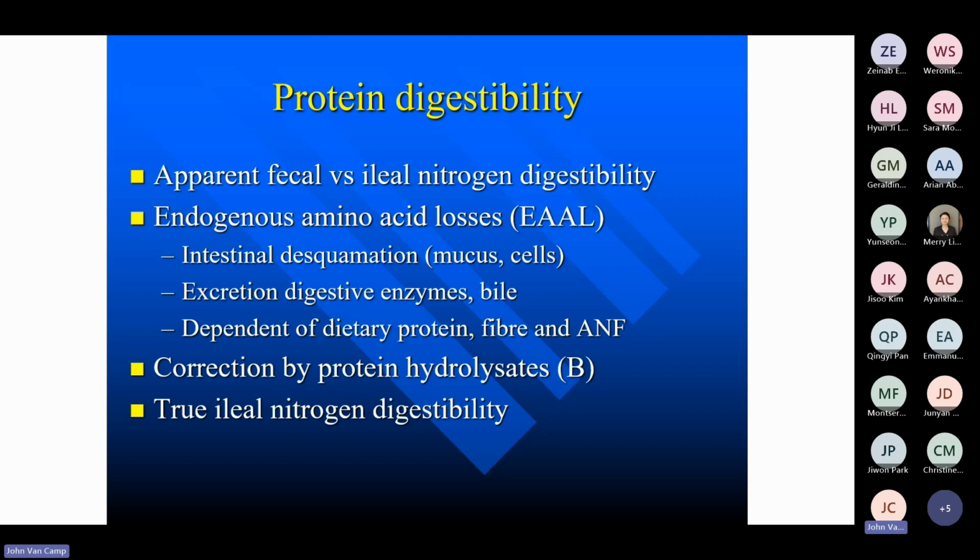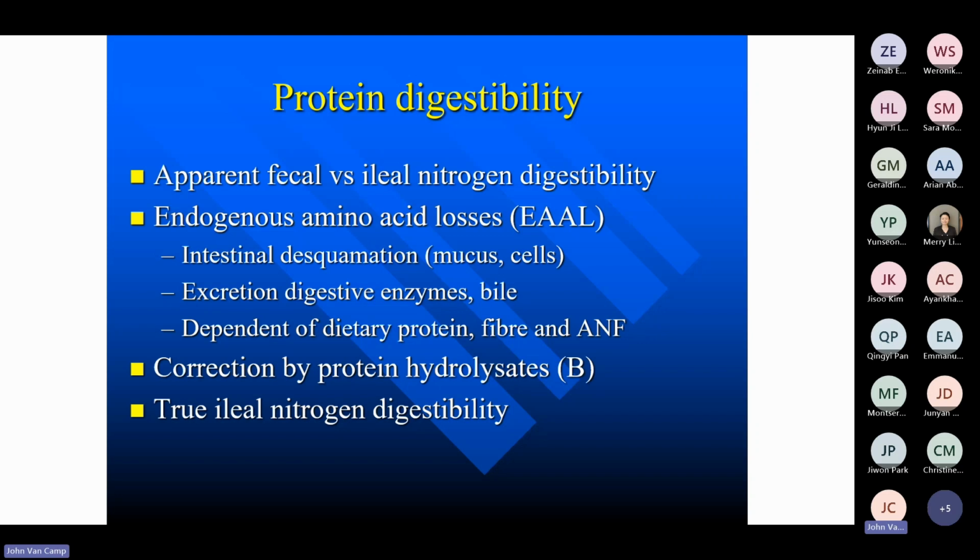You can look at the composition, and this can be used to determine the digestibility of the protein. Fecal digestibility, as you already know, has the problem that there is nitrogen there that is not linked to the product itself, but which is coming from the body. Ileal digestibility can also contain partly protein that is coming from the body.